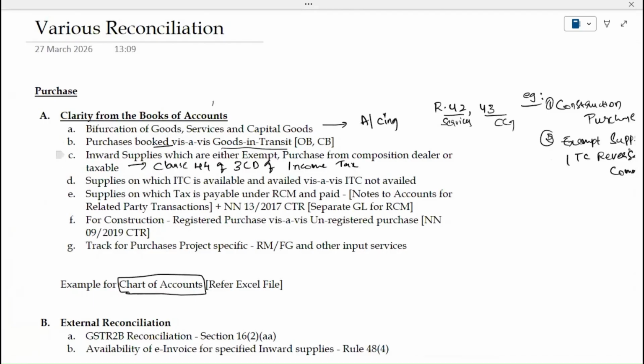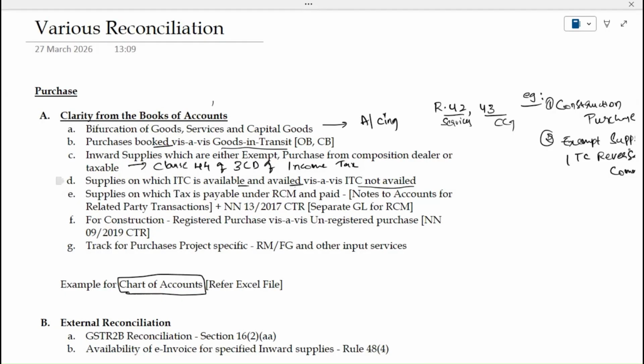Then we will move on to clause D. My purchases, supplies on which ITC is available and availed, vis-a-vis ITC not availed. ITC available and availed compared to ITC not availed.